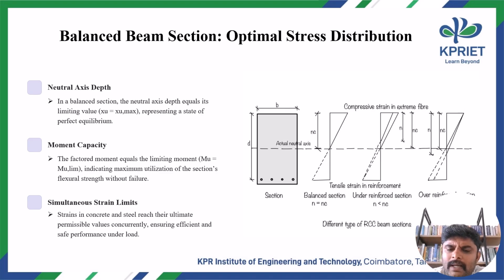Second, under-reinforced section: the actual neutral axis is less than the critical neutral axis. And one more, over-reinforced section: the actual neutral axis is greater than the critical neutral axis. So our design must be a balanced section or under-reinforced section.